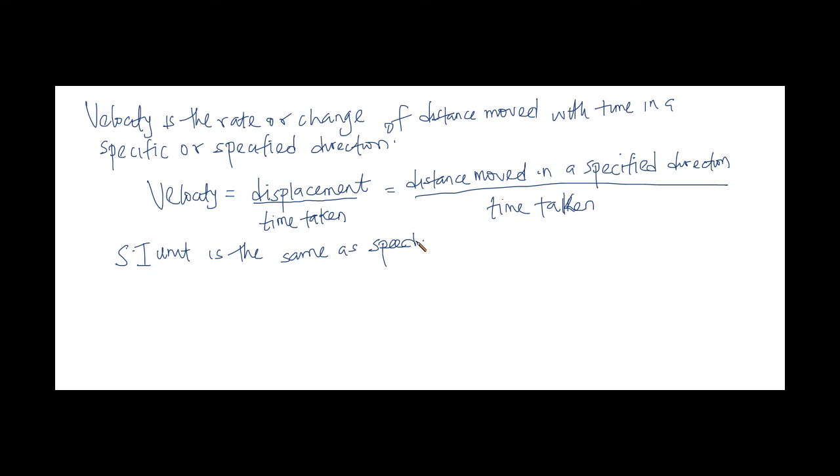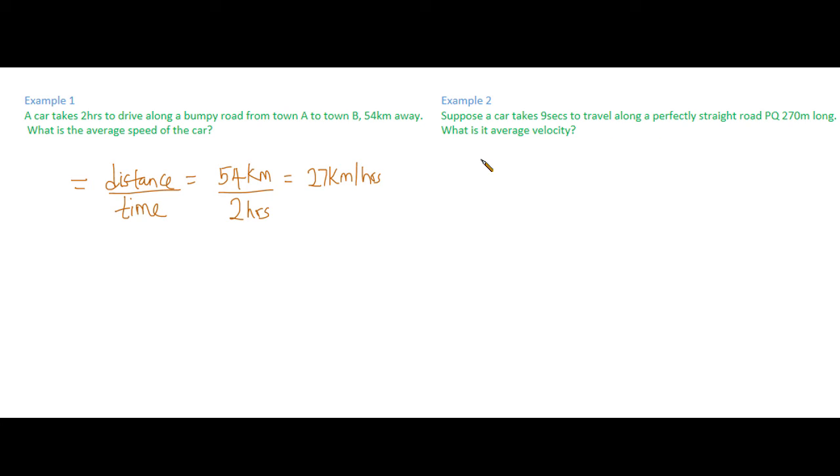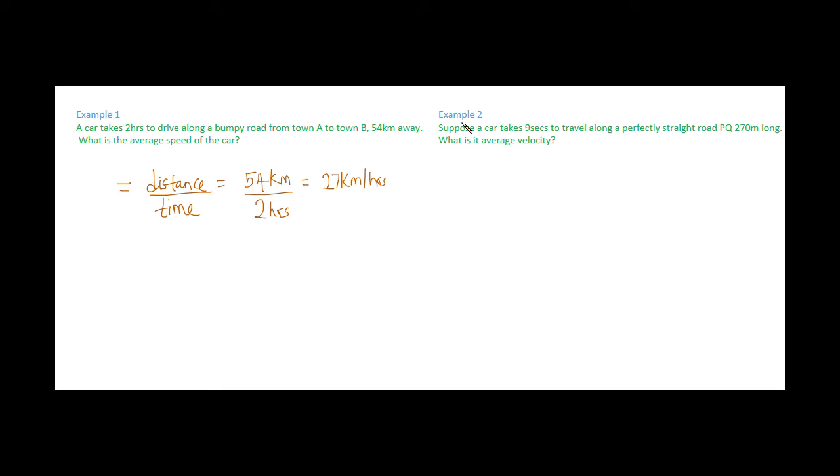We have an example here on velocity. Suppose a car takes 9 seconds to travel along a perfectly straight road, PQ, 270 meters long. What is its average velocity? From the formula of velocity, we have displacement over time.